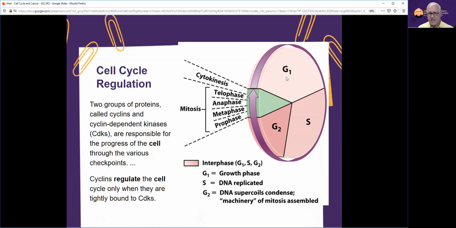And so if you go back and look at the cell cycle, we've got gap phase and synthesis phase and G2 phase. And then we get into mitosis, which has the prophase, the metaphase, the anaphase, the telophase, and the back end of it is the cytokinesis. So during these phases, they're going to need the proteins to tell the cell what to do.